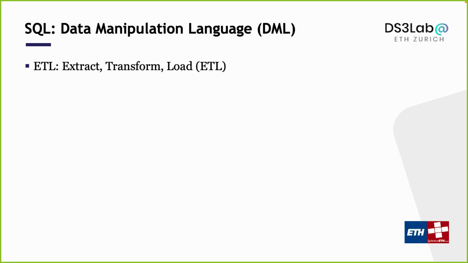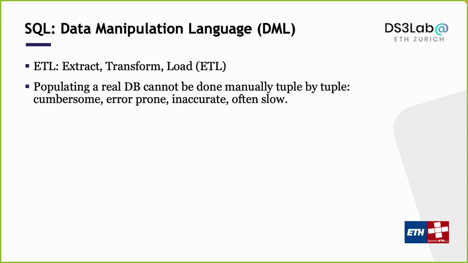So, in general, what data manipulation language allows you to do is the process usually called ETL. You extract data, you transform data, and you load it into the database. So those are the 3 important steps. Okay? So populating a real-world database is kind of interesting because if you think about the data we are dealing with today, they are often like terabytes. There are billions or millions of tuples. Right? Doing them tuple by tuple is often very slow.